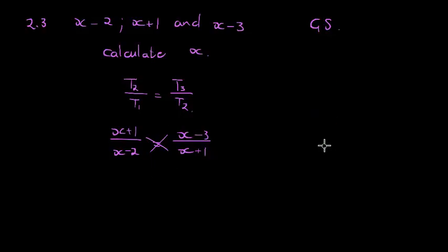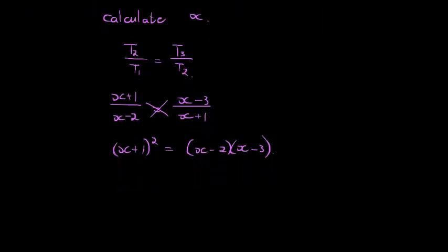Whenever you have one fraction on the one side, a fraction on the other side, you will be cross multiplying. Okay, and now we just simplify, multiply out everything.